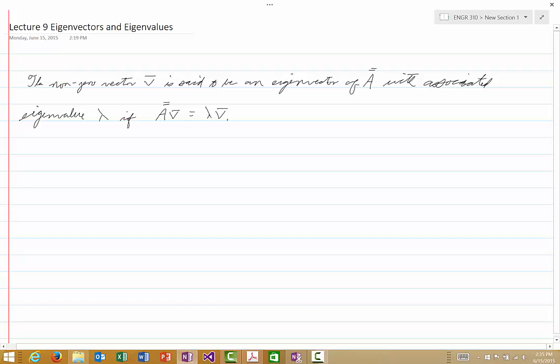And let me just stress again, lambda may have the value of 0, but v cannot be 0.